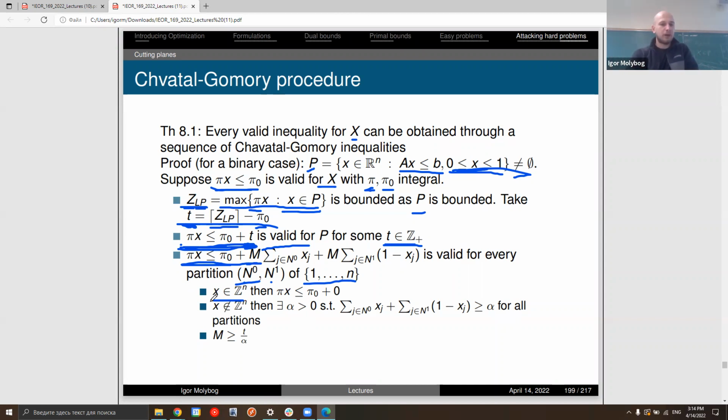We start by checking points from P that are integral.